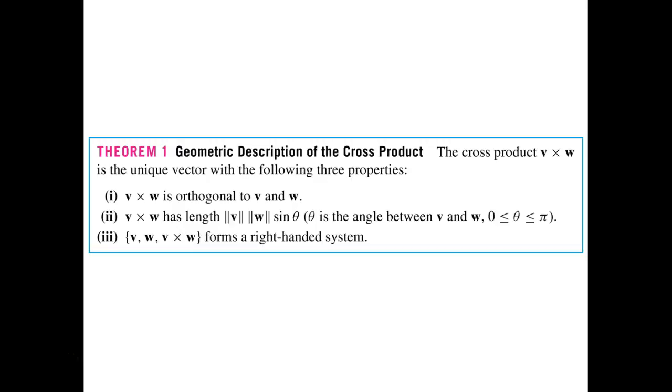Very similar to the dot product of two vectors, except that's the cosine here. This isn't the dot product, this is the length of that vector. Where theta is the angle between V and W. And it always has to be acute. Don't have V in this direction and W in that direction. Do it the other way.